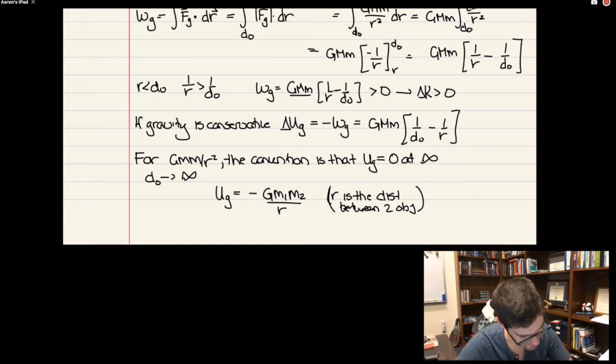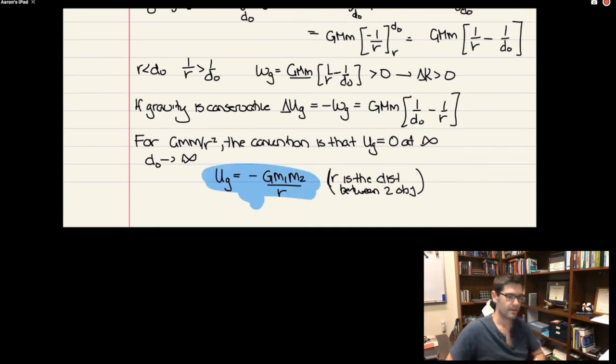I think that's worth a highlight. So essentially we've come up with a more general version of potential energy for gravity.